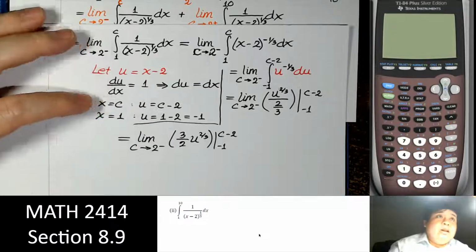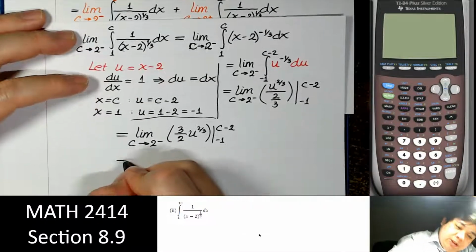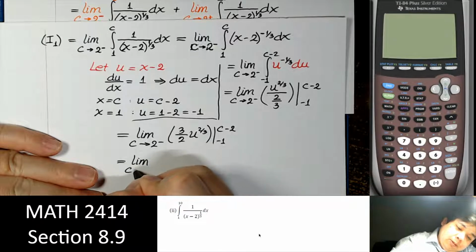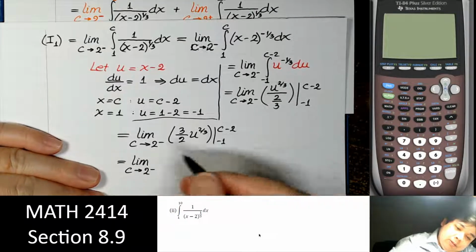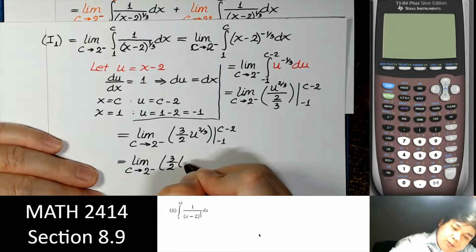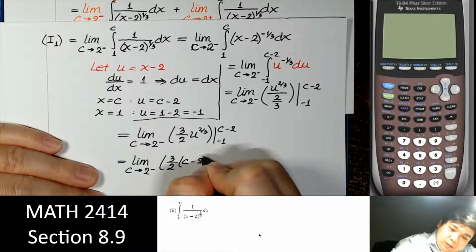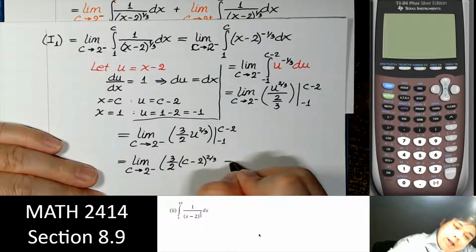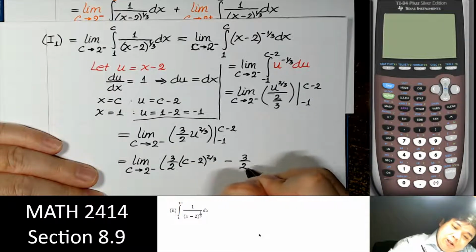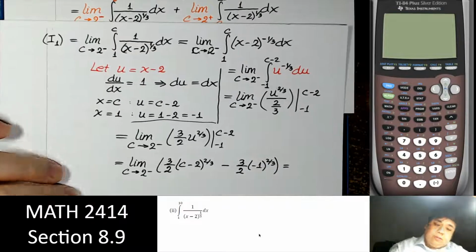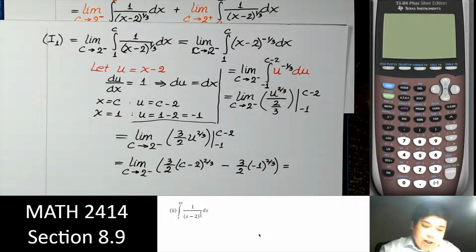And then we put in c minus 2, and then minus the lower limit.